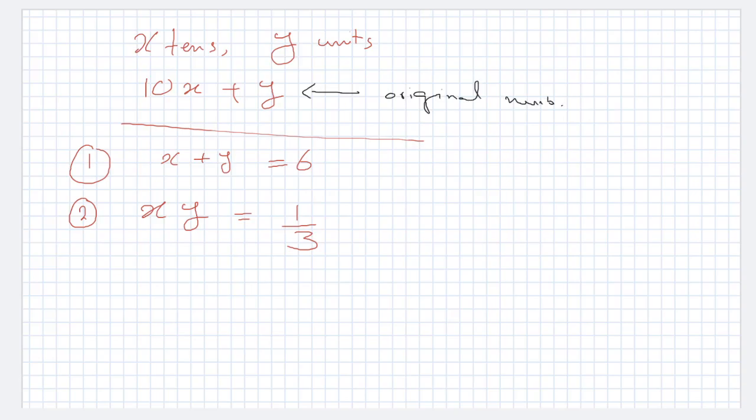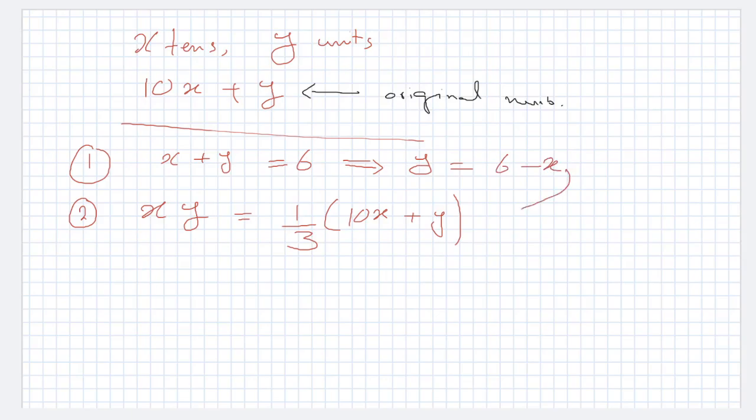So it's 1/3 times 10x plus y. I can take either x or y from here. Let me take out y. y is equal to 6 minus x.